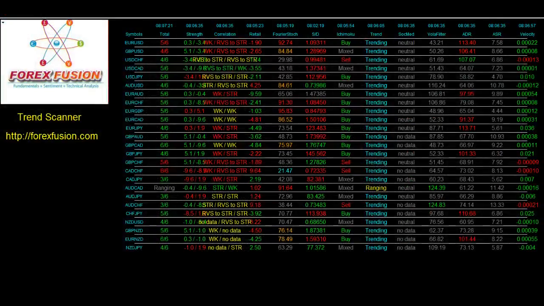Let's take a look at the Forex Fusion dashboard. The trend scanner did get one new additional data column. We are always at work continually upgrading the data that the trend scanner dashboard provides for users.